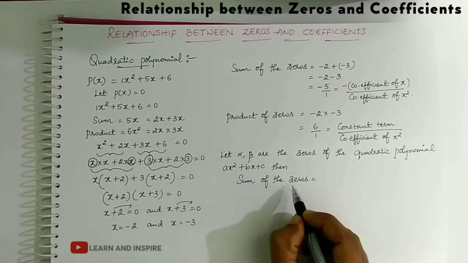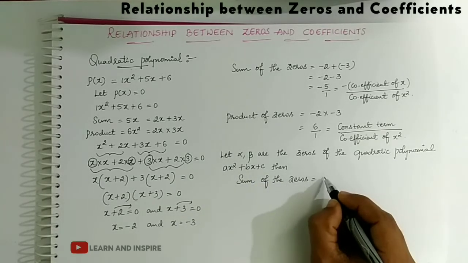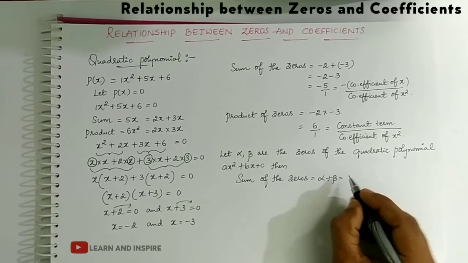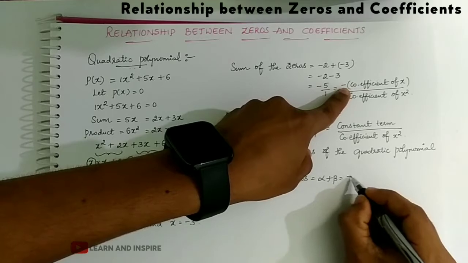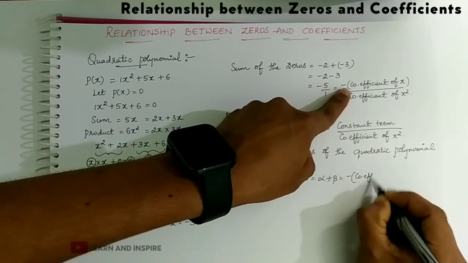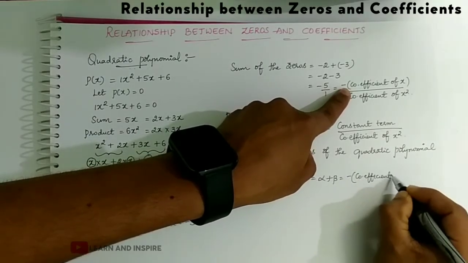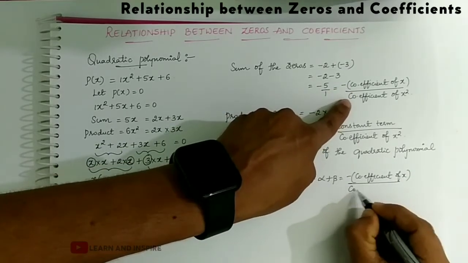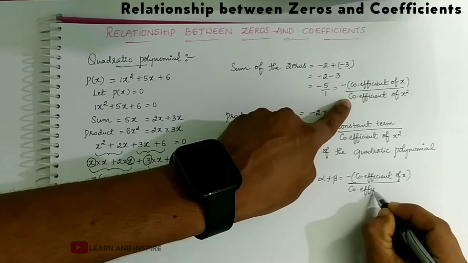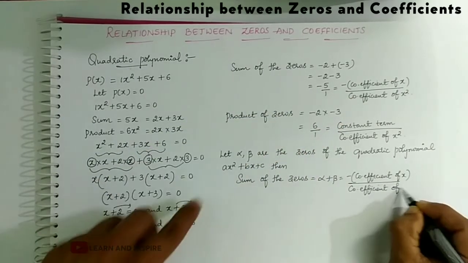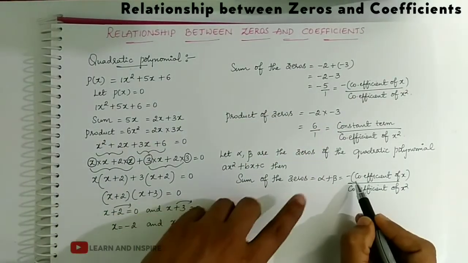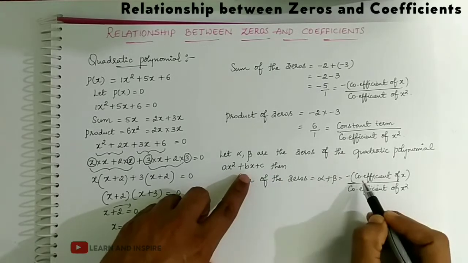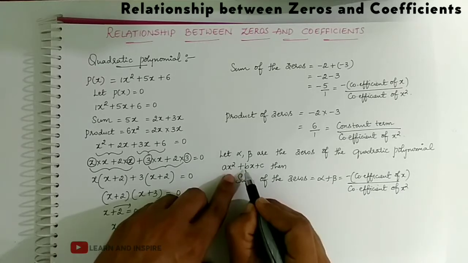Then the sum of the zeros. Sum is nothing but addition. What are the two zeros? Alpha plus beta is equal to, as we have written, minus the coefficient of x divided by the coefficient of x square. Now here you can see in the quadratic polynomial ax square plus bx plus c, what is the coefficient of x?